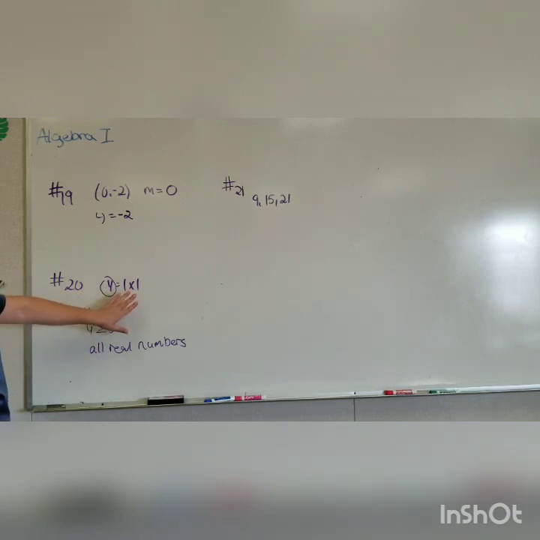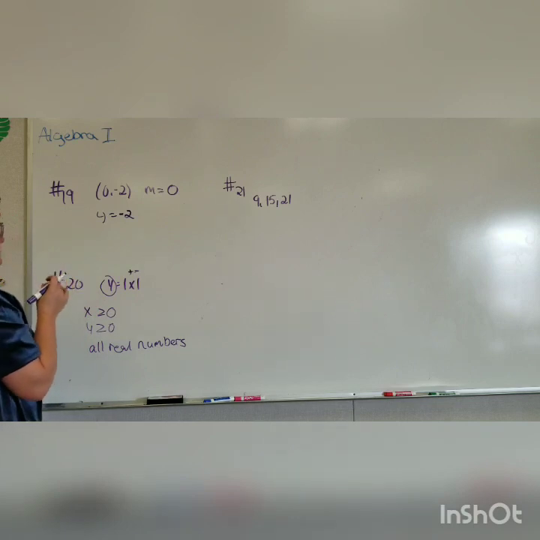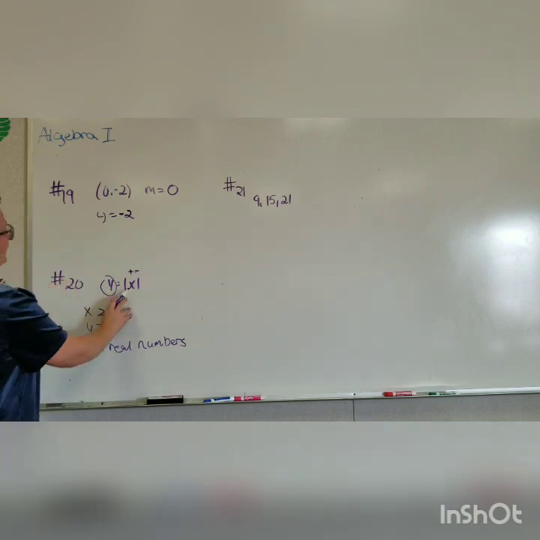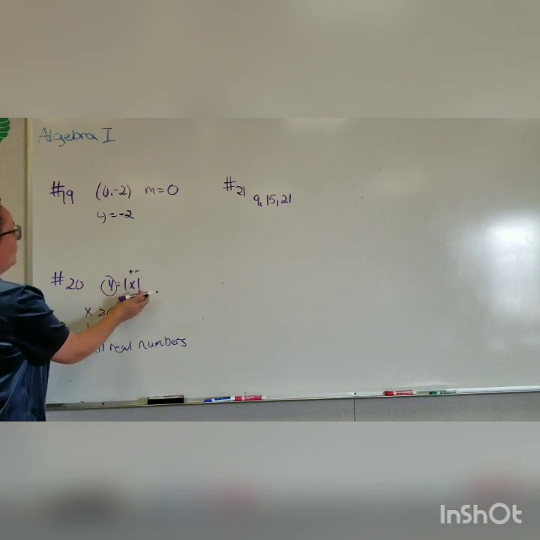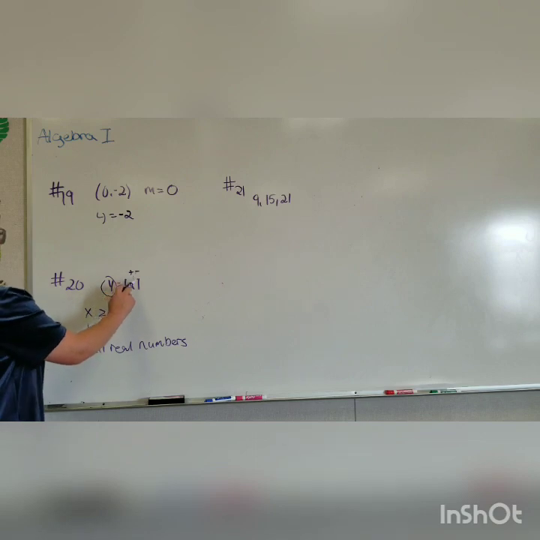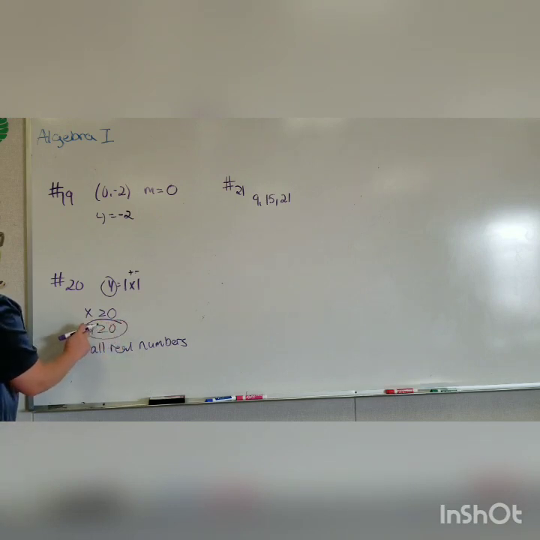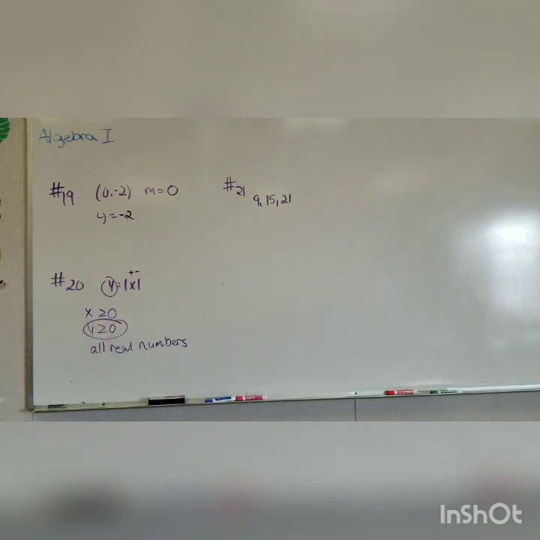But in this equation, no matter if you put a positive or a negative inside absolute value, it always equals positive. So if you put negative 7 in here, the absolute value of negative 7 is 7. y is never going to be a negative number because of the absolute value signs. No matter what you say x is, y is going to be positive. So y is always going to be greater than or equal to 0 because it can't be a negative number.